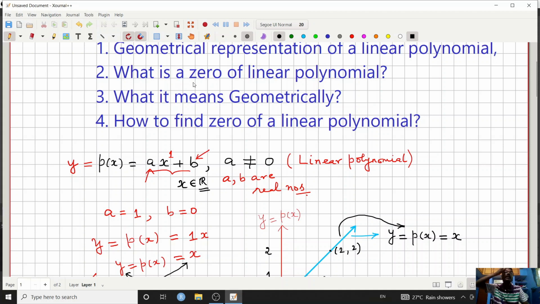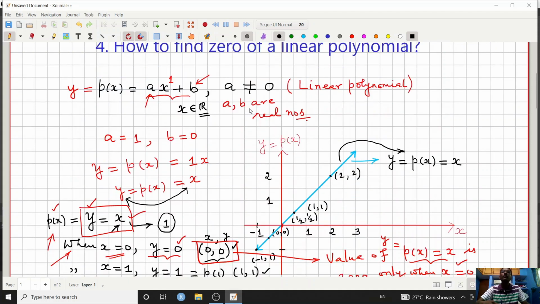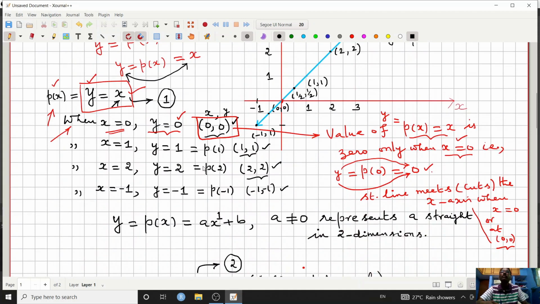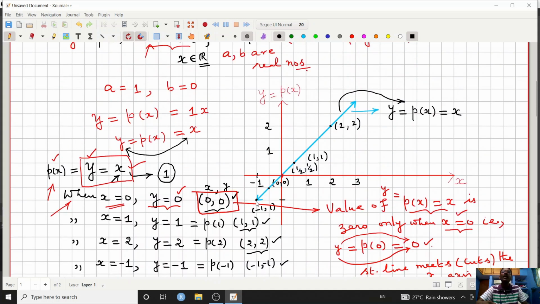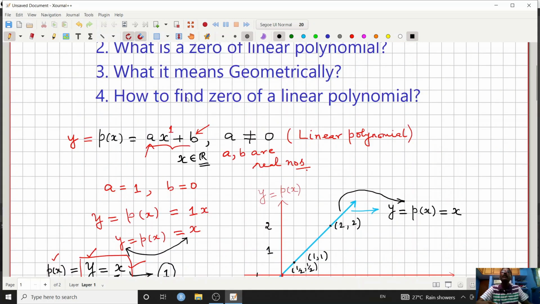Every linear polynomial is represented by a straight line, and that straight line cuts the x-axis only at the 0 of the polynomial.